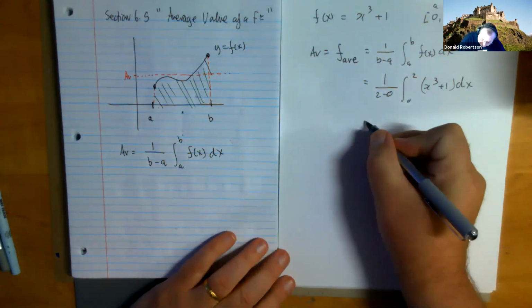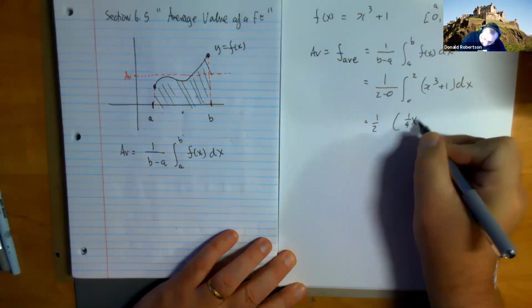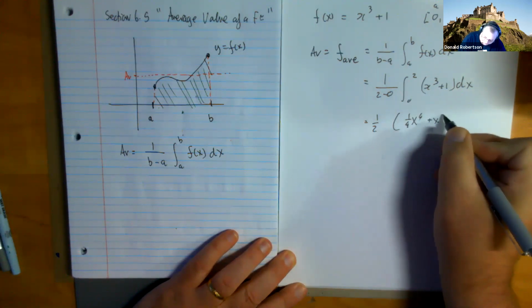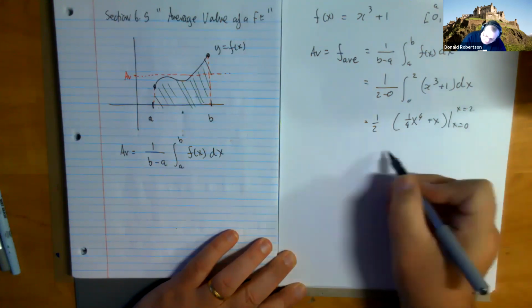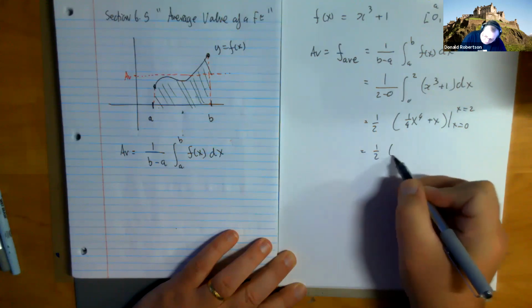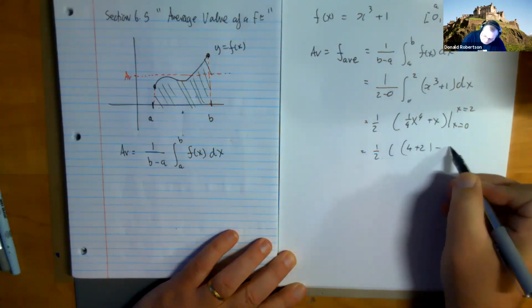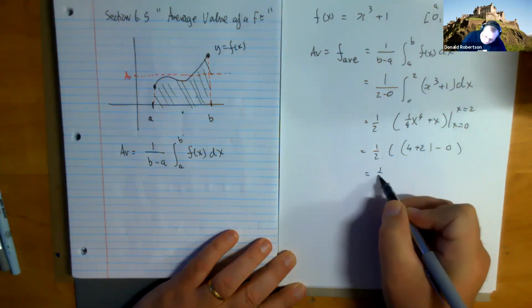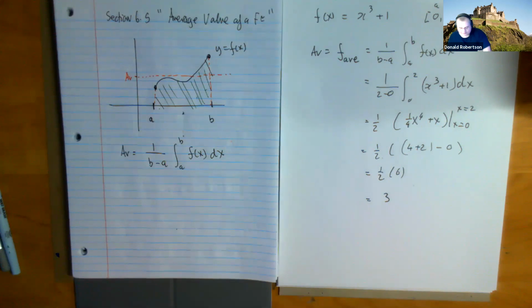So in this case, it's 1/2 of 6 take away nothing. 1/2 of 6 is 3. The average value of that function is 3.